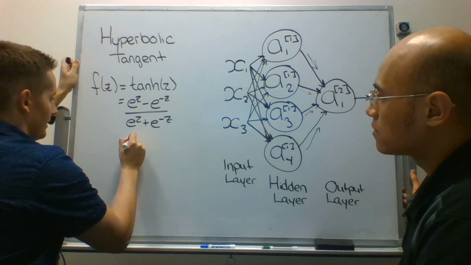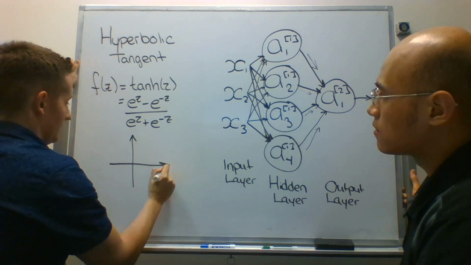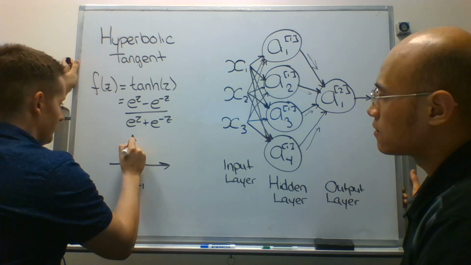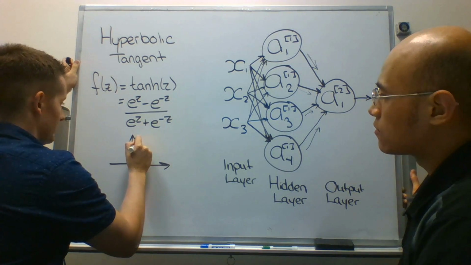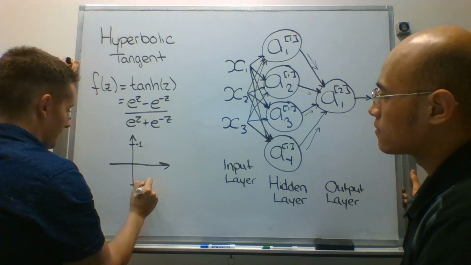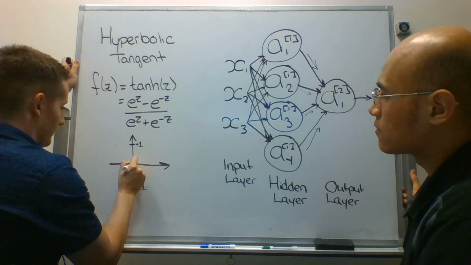And this looks very similar to the other one, but our bounds are now at -1 and +1, with the intercept being at 0 here.